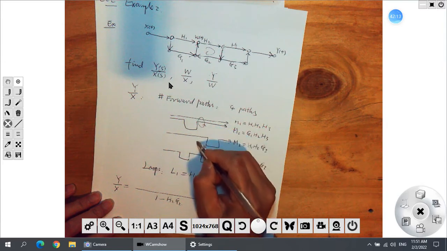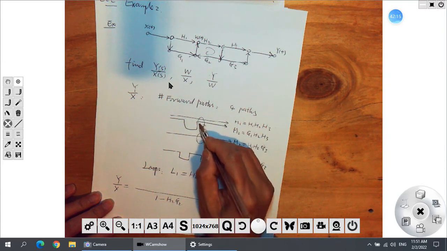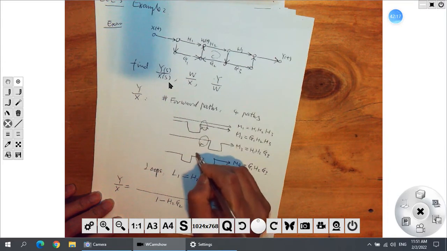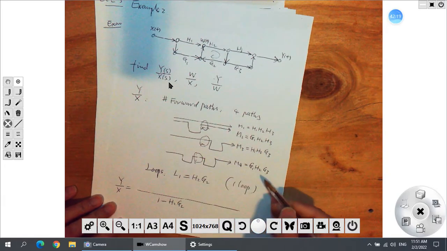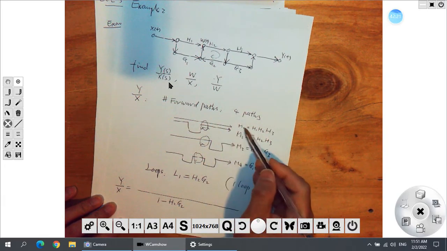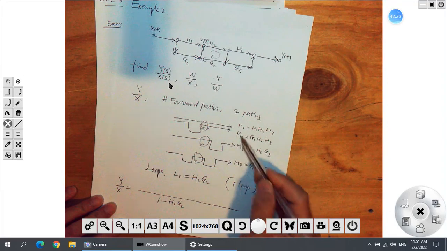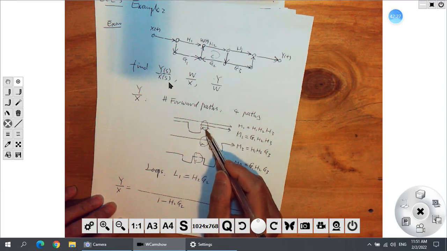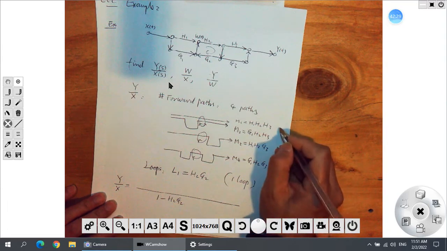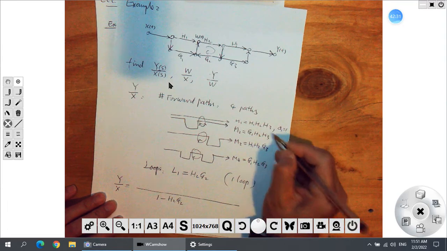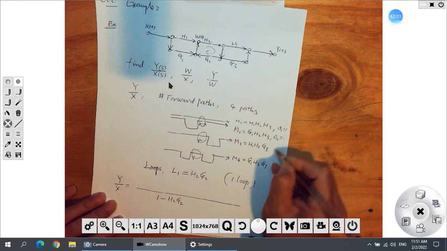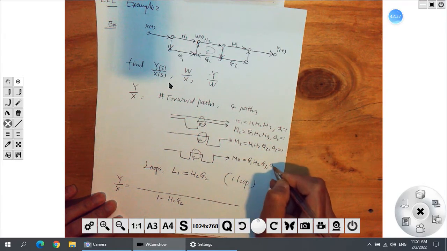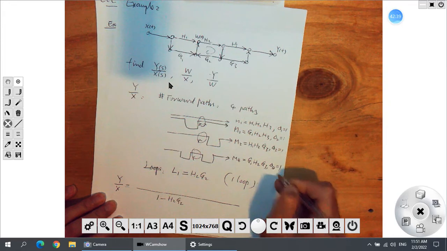All these 4 forward paths have a common part with this loop, so delta 1 is 1, delta 2 is 1, delta 3 is 1. All of these deltas 1, 2, 3, 4 are 1s.